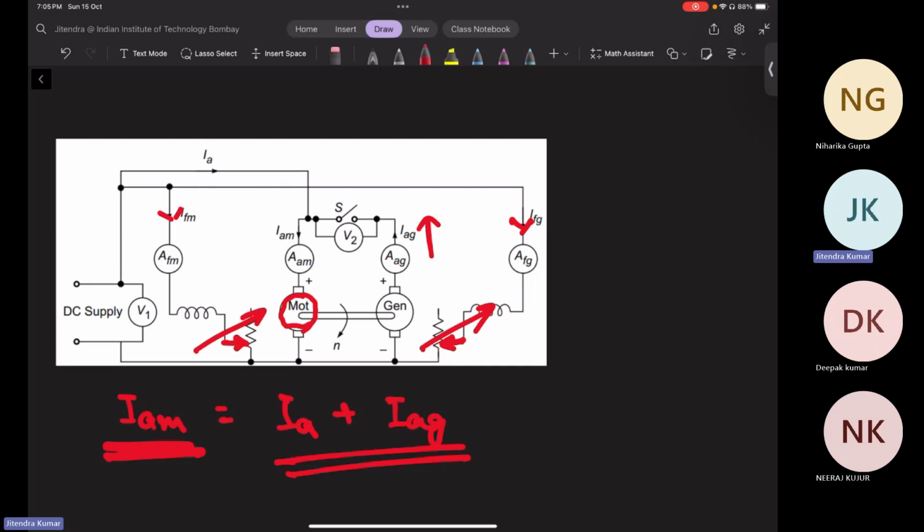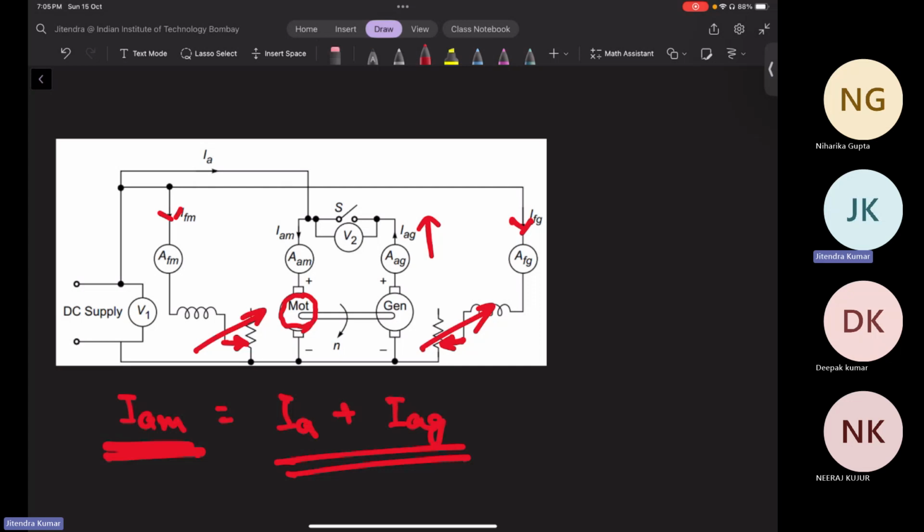Once you turn this setup on, it should continue to run till infinite time, because ideally there will not be any losses, but practically there are certain losses. But this kind of test is done when we need to test the machine setups for a long duration of time. From this test we can identify the efficiency of the machine.